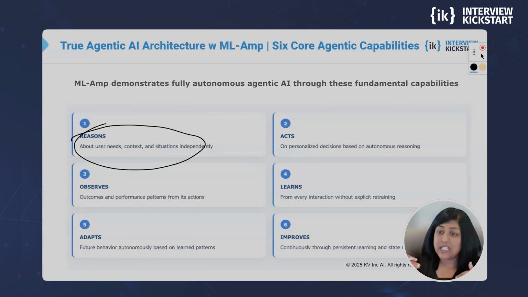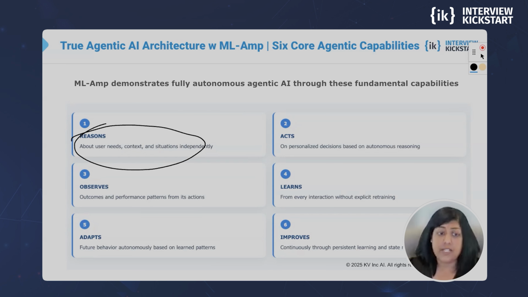Okay. And it's acting on personalized decisions. It's making decisions based on this autonomous reasoning. It knows what question to serve next in a practice session based on whether it's Dipti or Dipti's friend that it's presenting the practice session to.